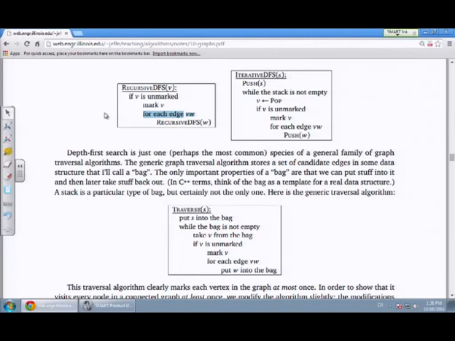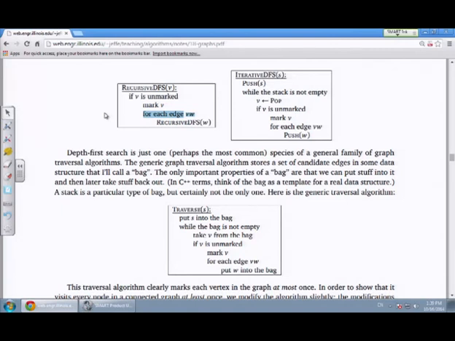Okay? The first time I visit an edge, for example, I might visit v, look down and see that w is unmarked and recurse into w. The second time, I might visit w, and I look back at v and notice that it's already marked, and then I don't visit v again. So the running time of this recursive algorithm is proportional to the number of vertices plus the number of edges.